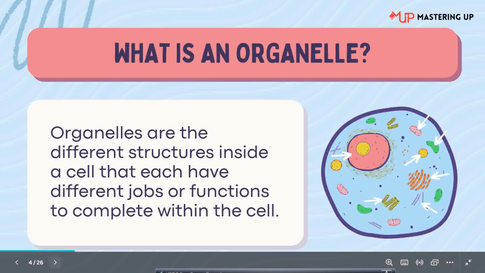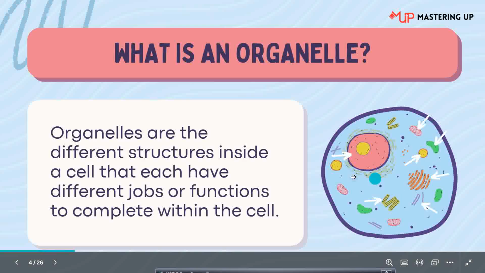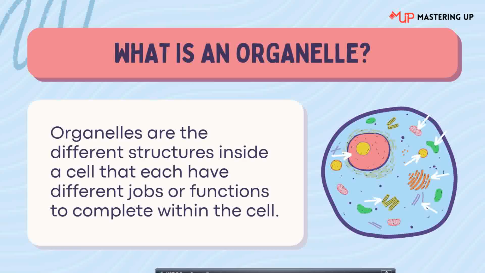So here you can see different organelles have been marked. These organelles are different structures that are present inside the cell, and they do different functions. Together they form the major part of the cell.